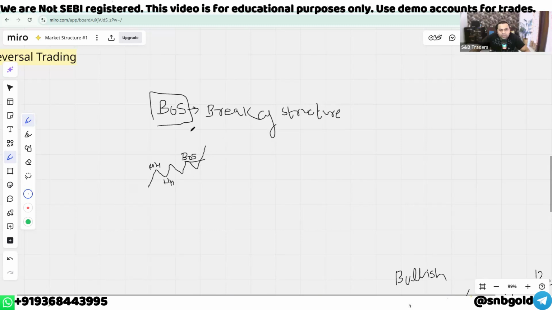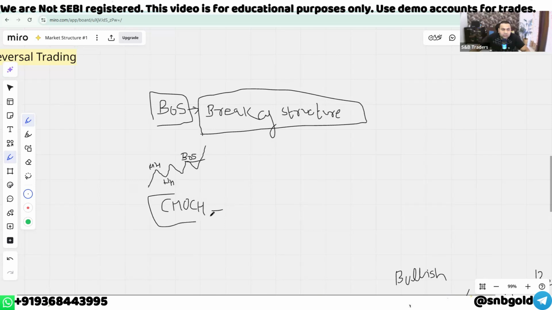So that is your BOS. And this is important if you want to do trend continuation. If you want to just trade in the direction of the trend, you should look for a BOS. On the other hand, if you want to trade in the opposite direction, you should look for a CHoCH, which is a change of character.